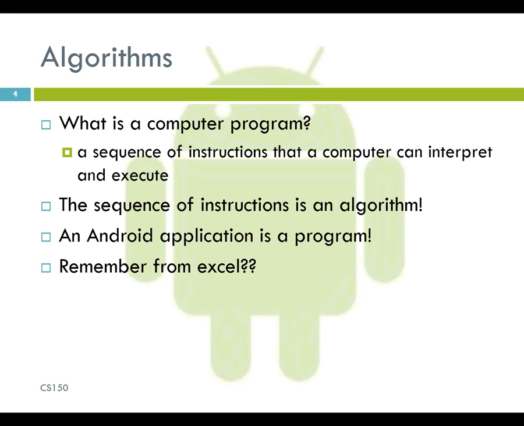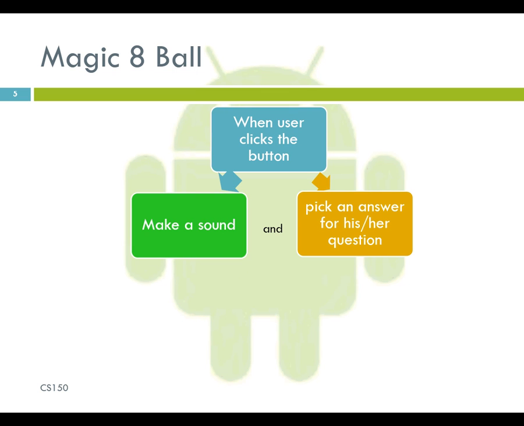Eventually we'll have these robots that we will be giving instructions and getting our clothes washed, but for now we will give instructions to your Android phone or the virtual phone that you will have on your computer to run an application using an algorithm.